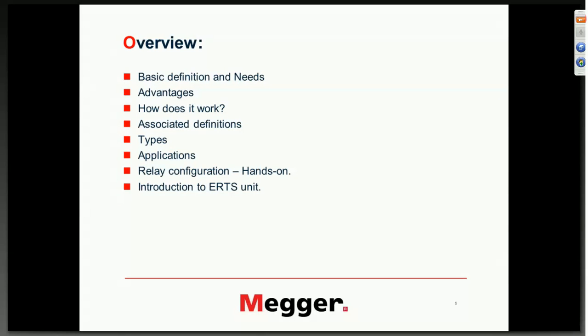And finally, I'm going to introduce you to a MEGGER solution. We have a unit called ERTS. I'm guessing it has not been released to the customers yet, but we have already designed the unit, and it is ready to launch. So I'm going to talk about how it is used and how it will be working in your system.